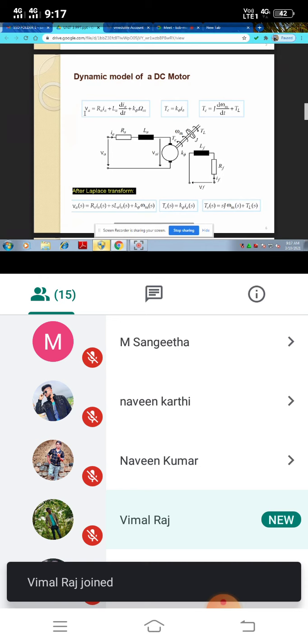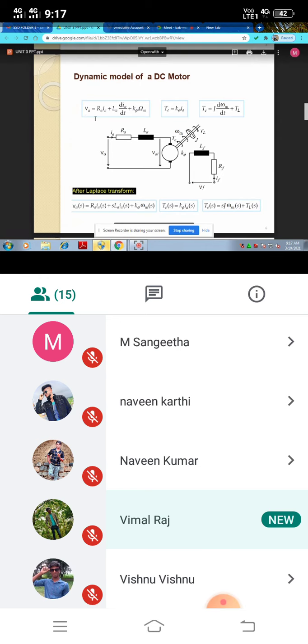First, we have VA, so VA of s. RA is constant, so you simply put RA. IA has variations. Variations in the sense that when you apply 5 amps across the circuit, this 5 amps circulating through the circuit drops slightly below what you applied, so the armature current or voltage may vary.